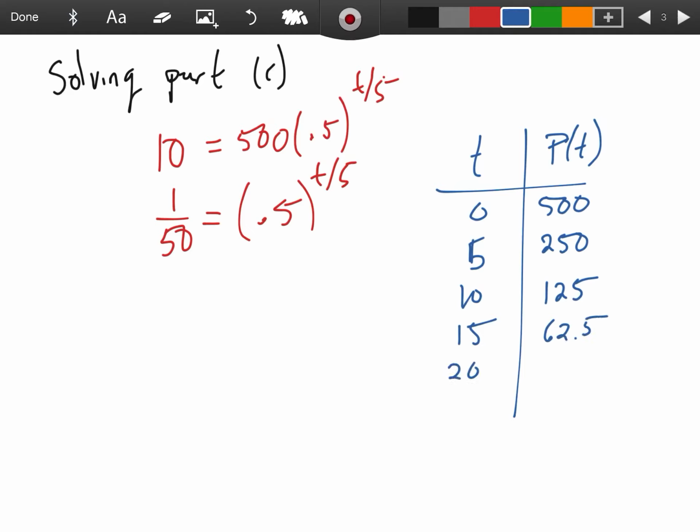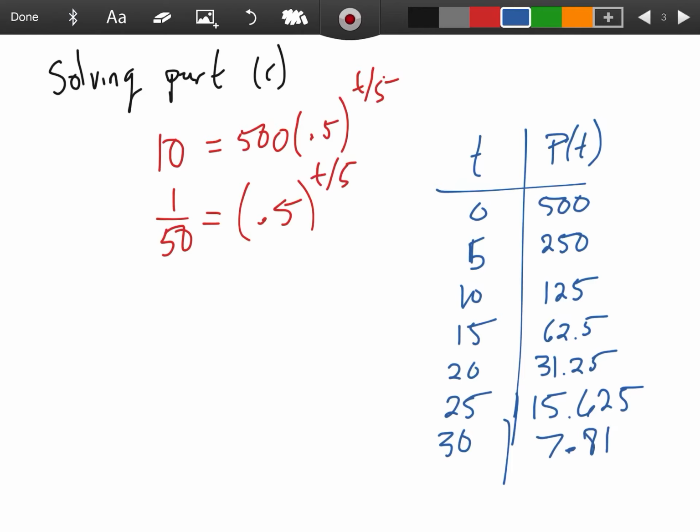So then 20 hours, we're down to about 31.25. 25 hours brings us down to 15.625. And then when we halve it again, boom, that's going to drop us to like 7.8125. All right, so we can see somewhere between this 25-hour mark and this 30-hour mark, that's when we hit 10.